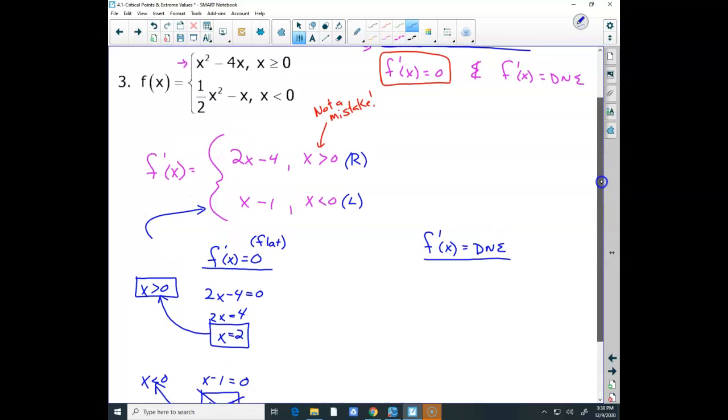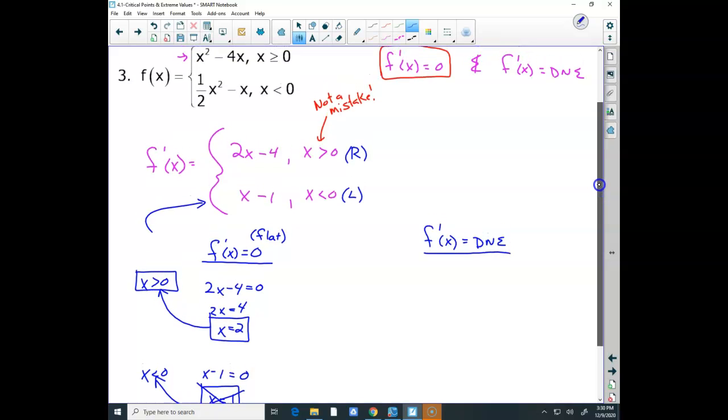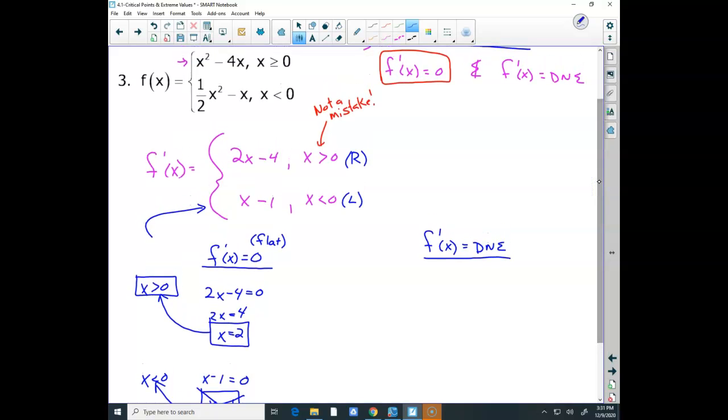So really, before I even figure this out, I need to know, are these two pieces of f of x connected? Do they come together? And the second question is, if they come together, do they come together in a smooth transition, or at a sharp point?